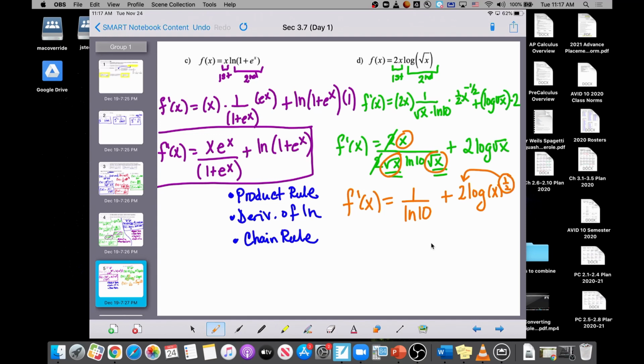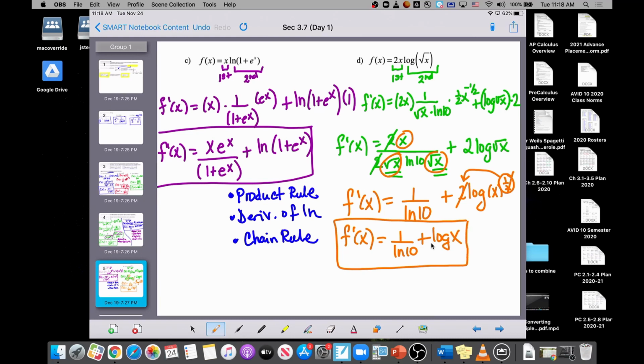If it's on whatever's inside the log, that exponent can come in front and become a coefficient. Well, what happens when we bring that down in front? Half of 2 is 1. So basically, the 1/2 and the 2 cancel each other out. So we end up with f prime of x is 1 over natural log 10 plus log x.